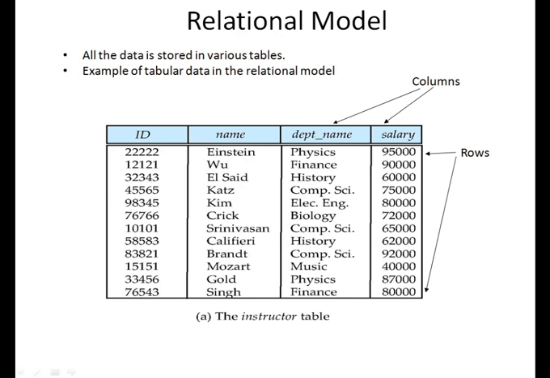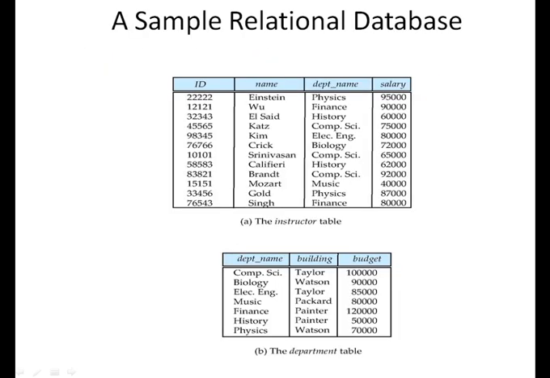ID, name, department name, salary are the columns for this schema or this table. This is the instructor table, and this is the department table. There are multiple tables in one database. So the first table is the instructor table, the second is the department table. Whenever you use this type of structure, it is known as the relational data model.